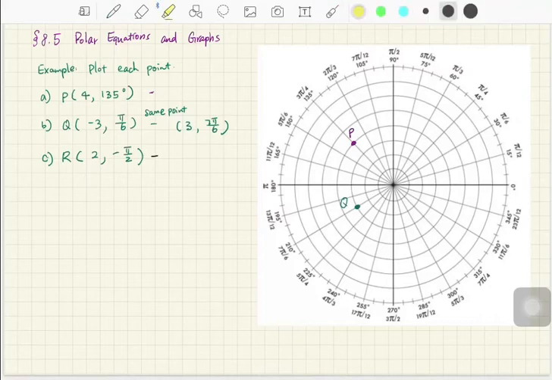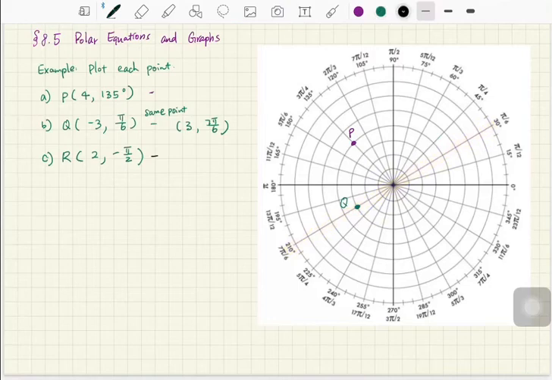It is possible my point is along this pi over 6 line, either going to the positive side or negative side. That will depend on the sign of the radius r.